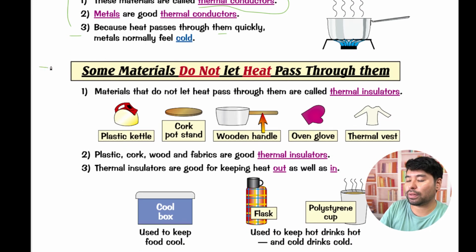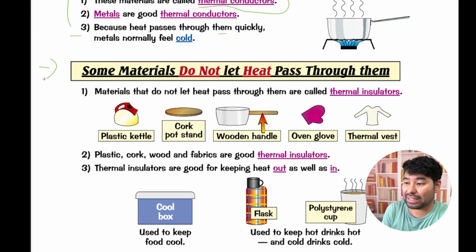And next one. Some materials do not let heat pass through them. Some materials, we cannot heat that, right? So let's see. Number one, materials that do not let the heat pass through them are called thermal insulators. So, what is that? Isoladores termais. Example, plastic kettle. It keeps the warmth inside.